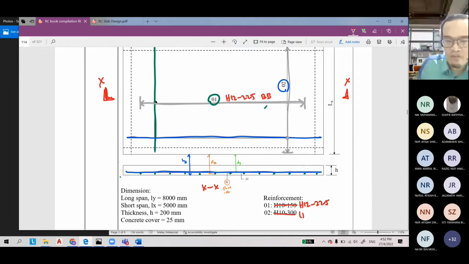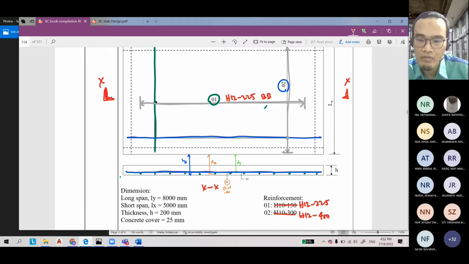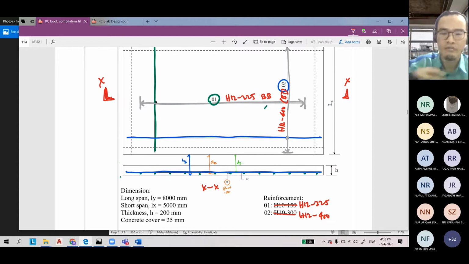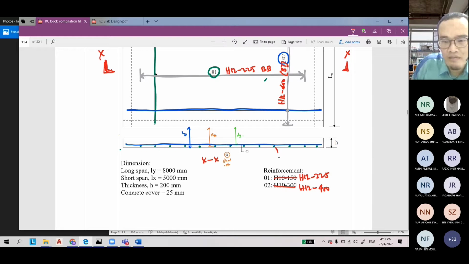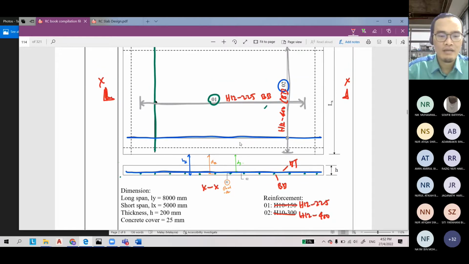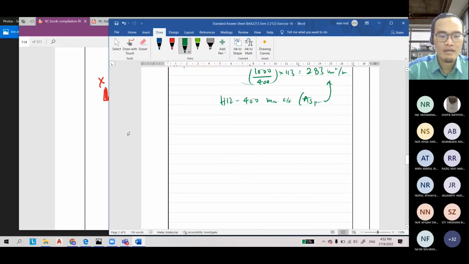So H12 400. Sometimes they will write down here H12 400 BT, bottom but top. Okay, this one is BB, bottom, and then this is BT, bottom but at the top. Okay, then the next step is you check for.